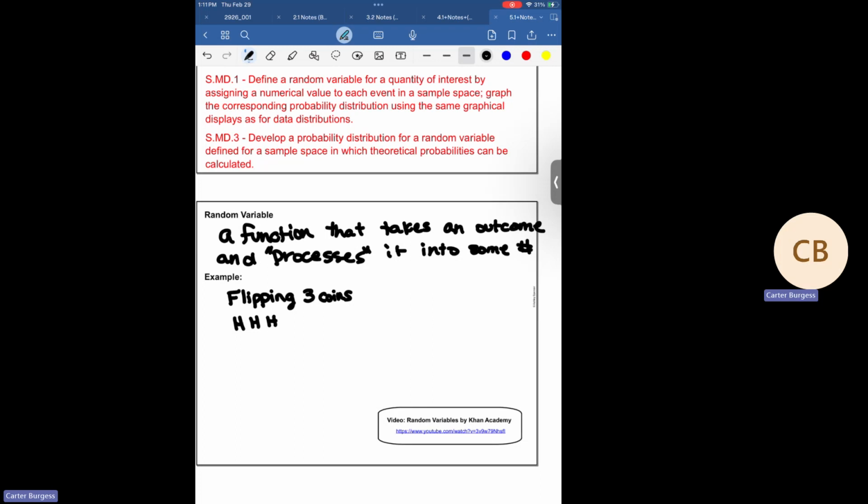So for instance, what might be something that we'd be interested in knowing about from those 3 coin flips? What might be of interest to us here?